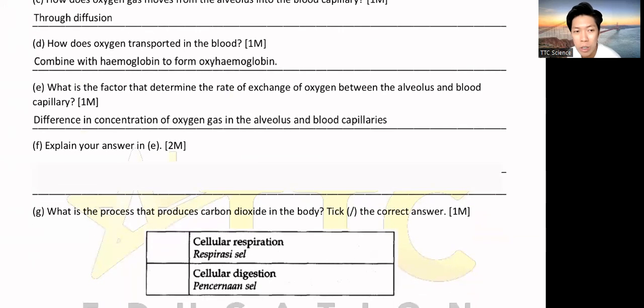If the concentration is low, imagine when I open the door, hello, delivery oxygen, and you all come and take all the oxygen away. That means low concentration, diffusion very fast. If I open the door of the LRT and no one wants to take, then of course no diffusion or diffusion slow. Get it? So it depends on concentration.